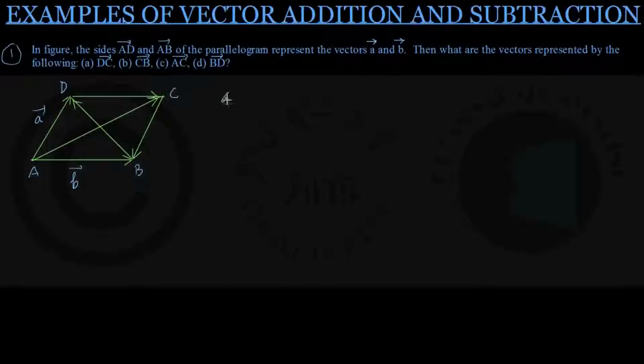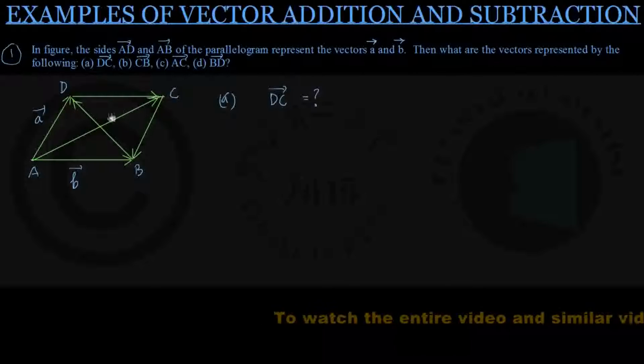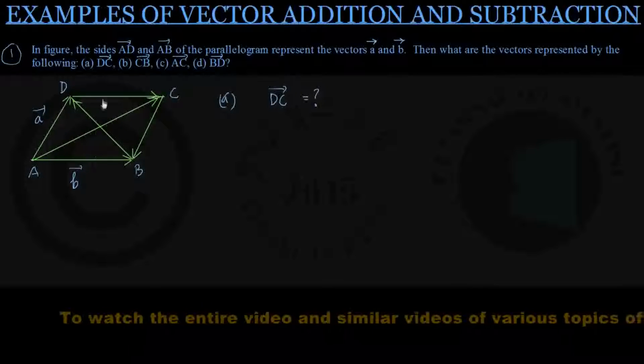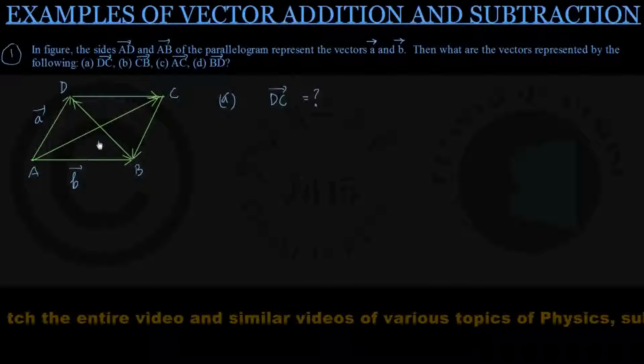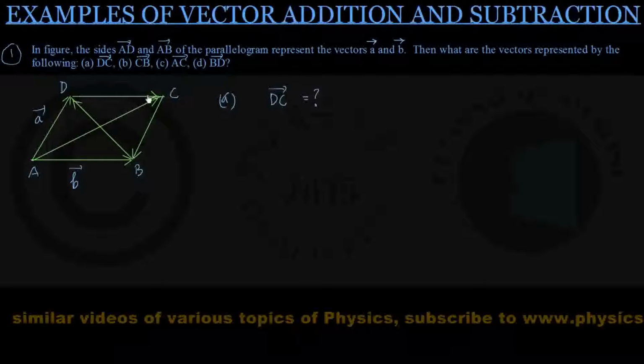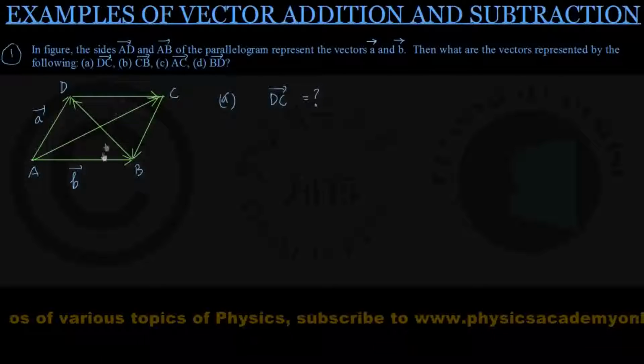Well, the part A, they are asking about what does the line DC, this arrow DC, represent? Now that's rather an easy job, because you can see in a parallelogram, I have said it before, that opposite sides have the same length and they are parallel to each other. So I could say that AB and DC have the same length and they are parallel.